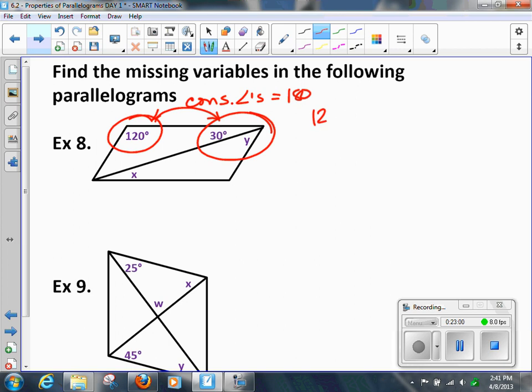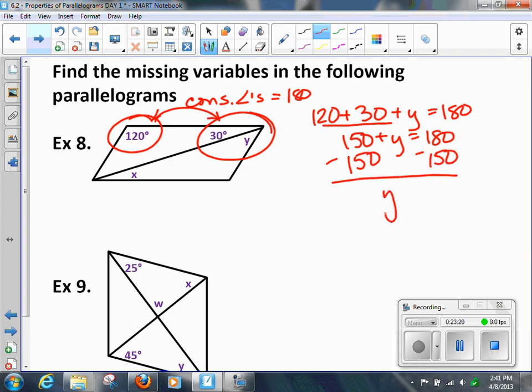That means 120 plus 30 plus that little y, because 30 and y make up that one big angle, right? Equal 180. Can you solve that equation? Of course you can. That's 150 plus y. How am I going to solve for y? Subtract 150, so y is equal to 30 degrees.